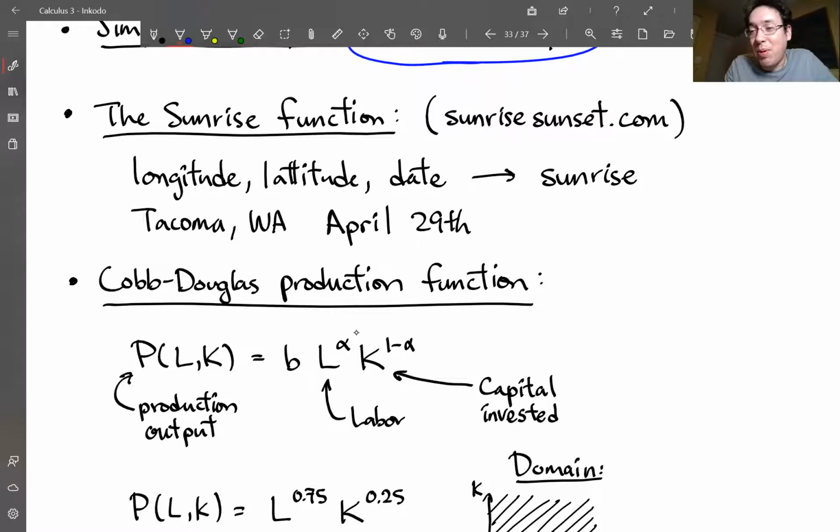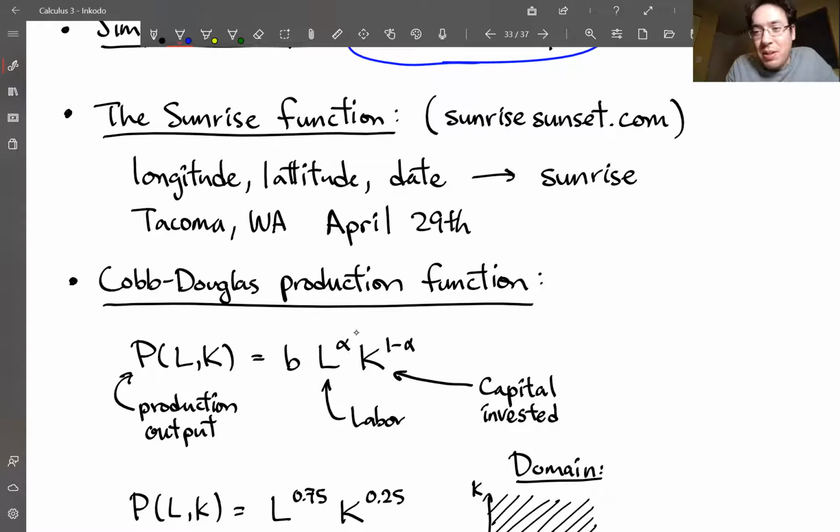Like how many people are you hiring? How long are they working? And so on. And also the resources that go into maybe equipment, right? If you have a more efficient machine, then maybe you can produce more quickly, right? So the two variables here are the labor and the capital that you could invest in your facility or company.